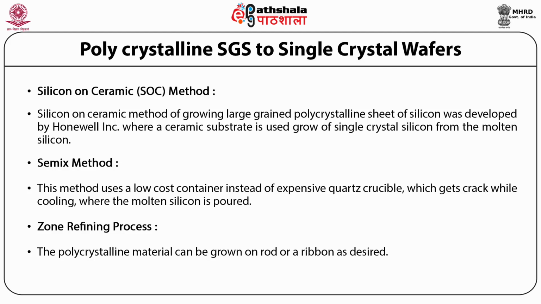The liquid silicon is held in position due to surface tension and the shape of the feedstock decides the final shape of the grown crystal. This process purifies the material and single crystals are obtained.